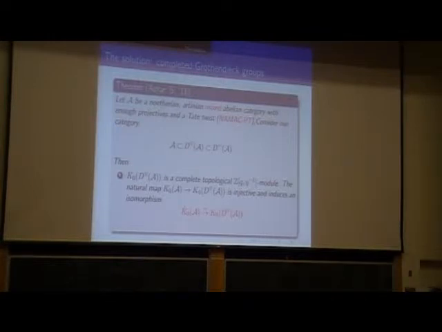And then the statement is, if I look at the Grothendieck group of this, then it's, first of all, a module over Z[q, q inverse]. The q comes from a grading shift. And then the statement is that it's complete. The natural map from my original abelian category A into this unbounded complexes category is injective, and it induces an isomorphism from the completed Grothendieck group to the Grothendieck group of this subcategory.